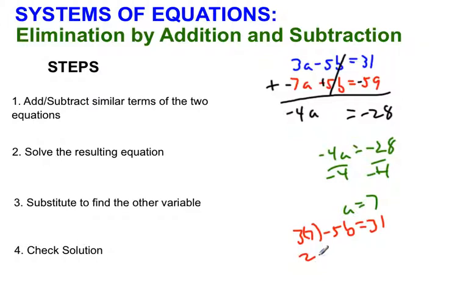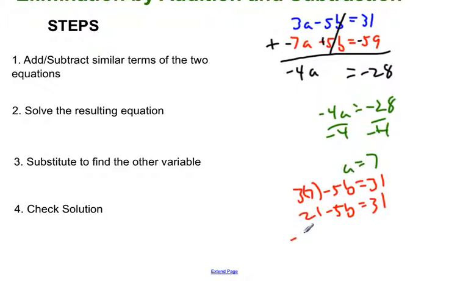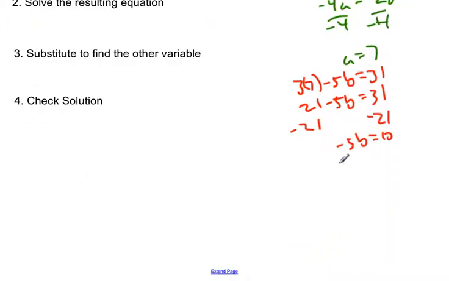So we'll have 21 minus 5b equals 31. We will subtract 21 from both sides. Have negative 5b equals 10. Divide by negative 5 on both sides. We'll have b equals negative 2.